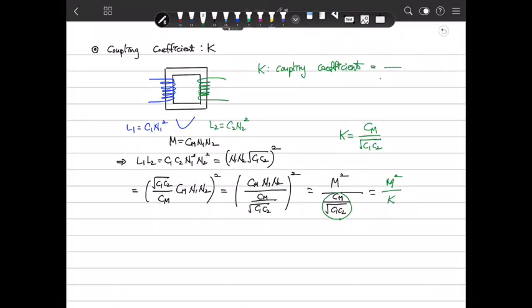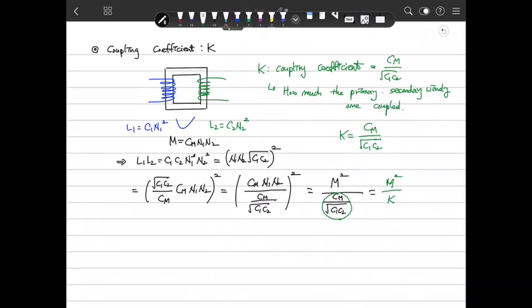So this is a value to show how much the primary winding and secondary winding are coupled.